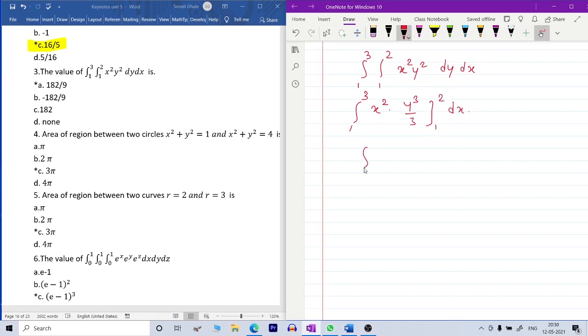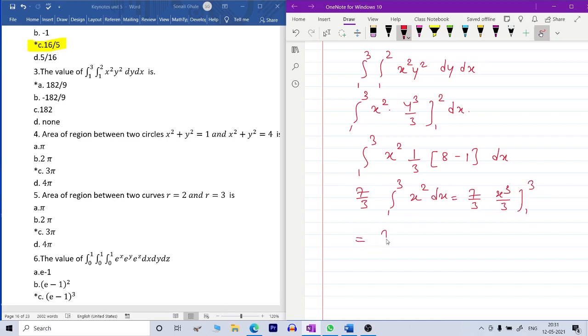Okay, integration 1 to 3, x square, 1 by 3 constant, apply the limit in y, 2 raised to 3 is 8, minus 1 raised to 3 is 1, dx. So we get here 8 minus 1, that is 7 by 3, 1 to 3, x square dx. So 7 by 3, integration of x square is x cube upon 3, limit from 1 to 3.